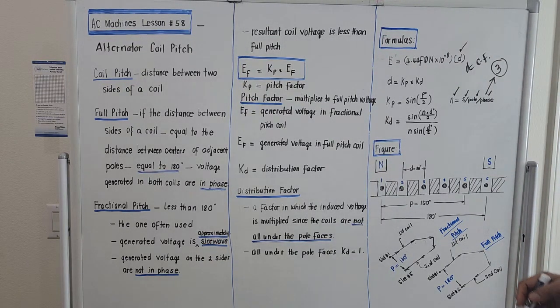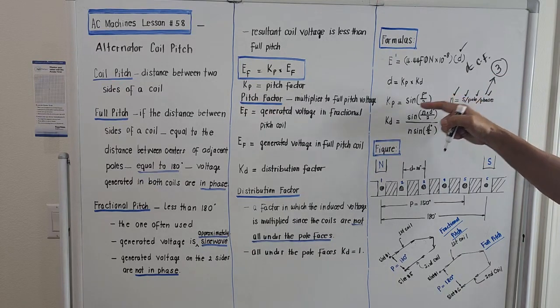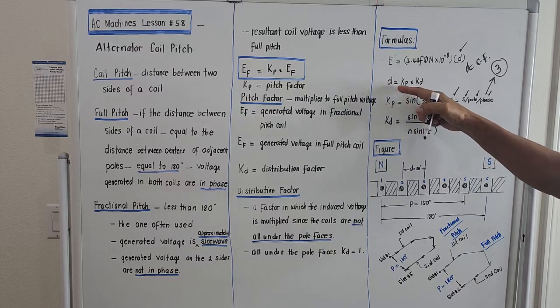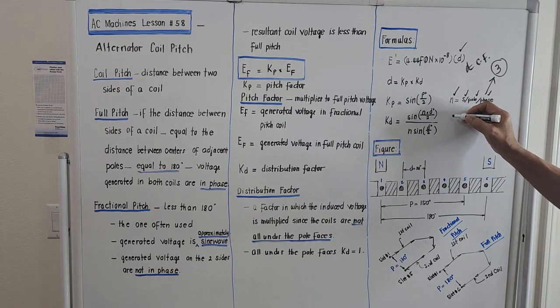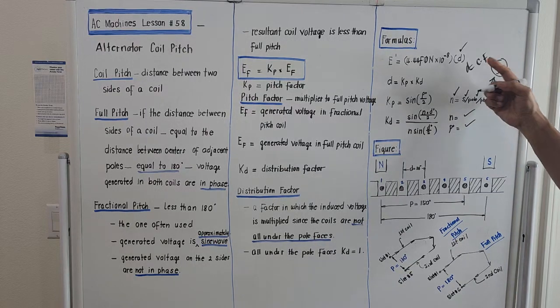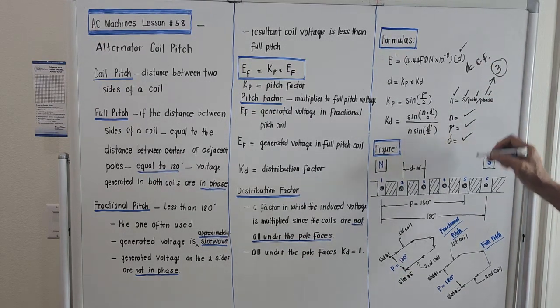So there are many parameters in the value of K sub P and K sub D. We need the value of n, the value of P degree, and the value of d.